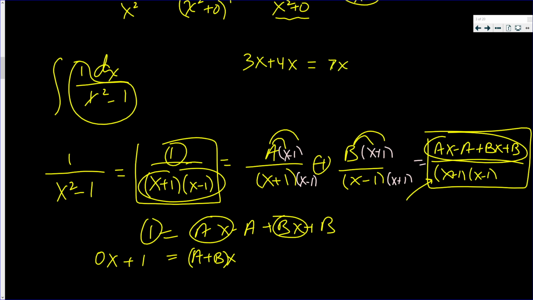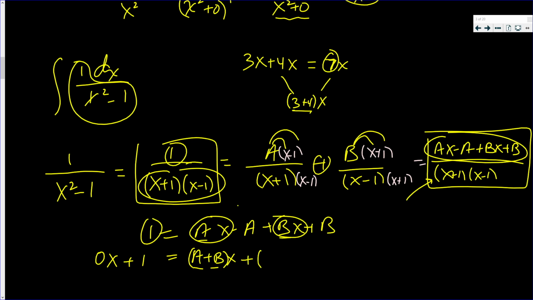But I don't want you to just jump to the answer. Ask yourself how you got the 7. An intermediate step was you added the 3 and the 4. Well, since I don't know what a and b are, I really can't say 7 because I don't know what a plus b is. But that's what it is.